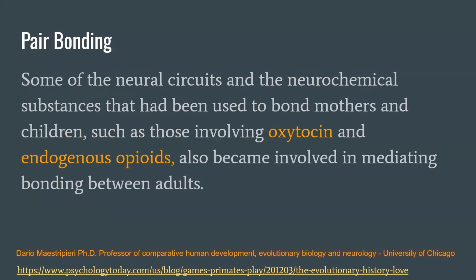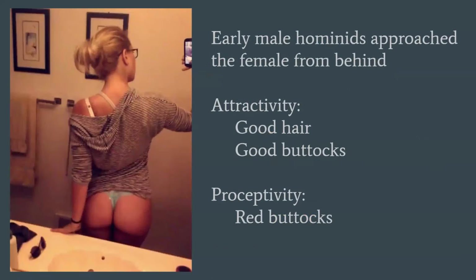Let's talk about that a little bit. Some of the neural circuits and the neurochemical substances that have been used to bond mothers and children, such as those involving oxytocin and endogenous opioids, also became involved in mediating bonding between adults. Early male hominids always approach the female from behind, in all primates.